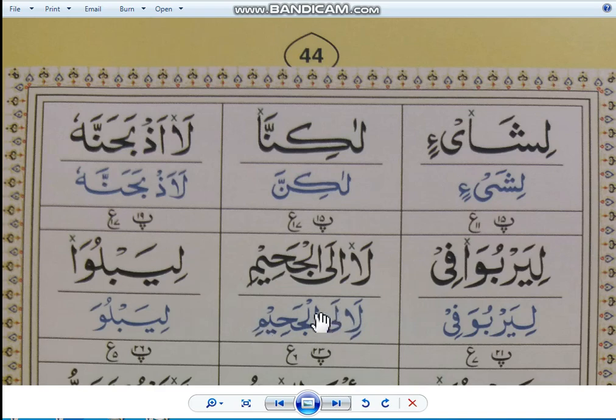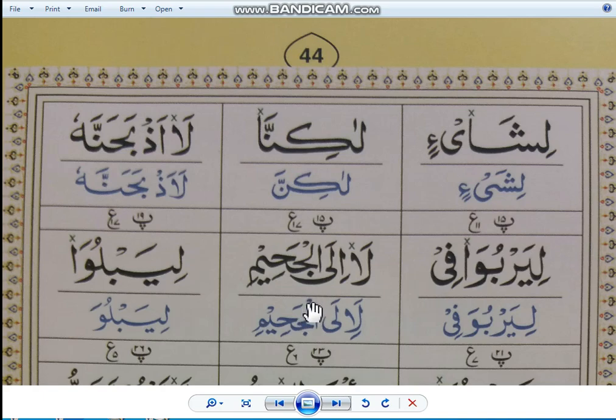We notice here a ya after a fatha. La ilal. So we will not consider ya as a mad letter, since after it the next letter to be read is lam with sukoon.